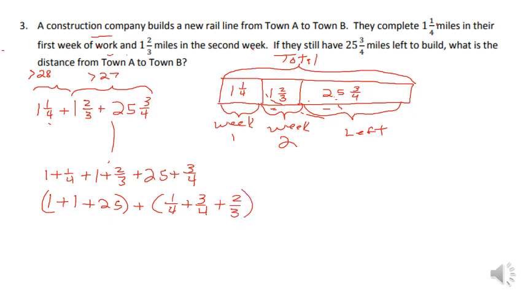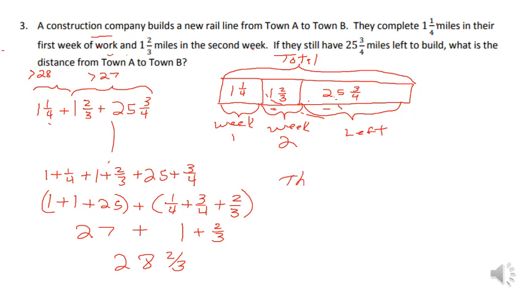So now when I add this up, I got 25, 26, 27 plus my 2/4 add together to 1 whole plus 2/3. So now I have 28 2/3. So that's the total distance.